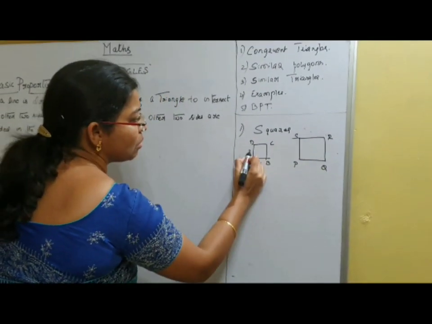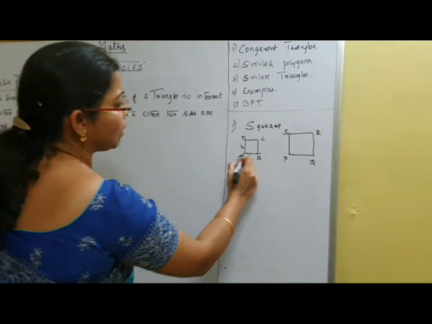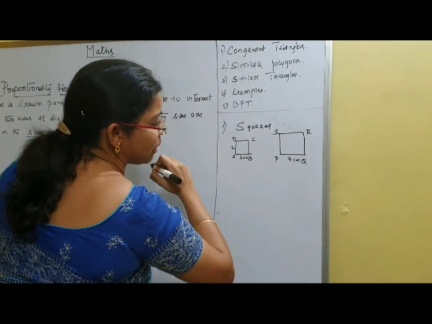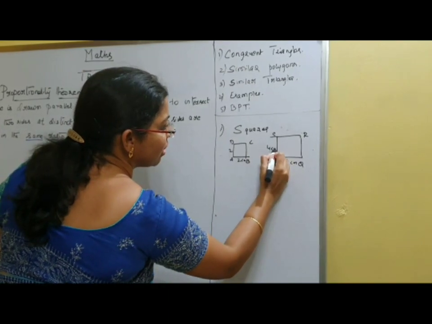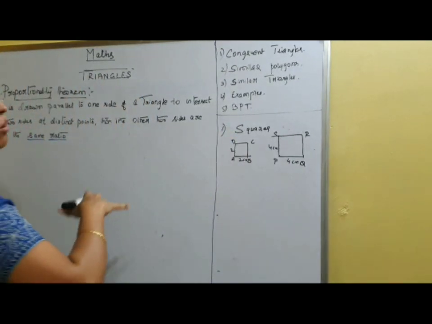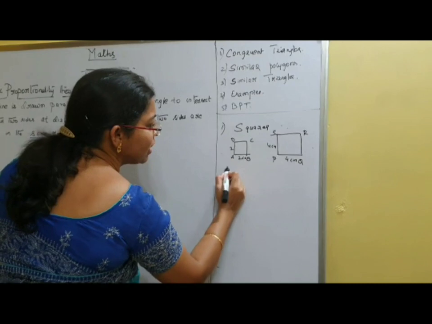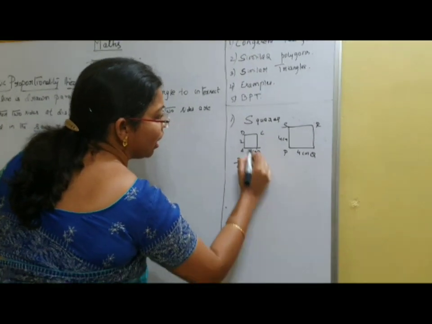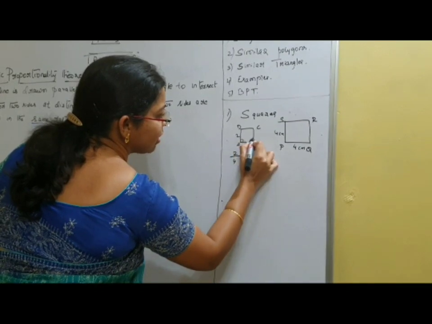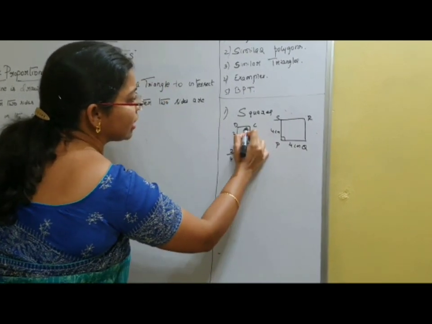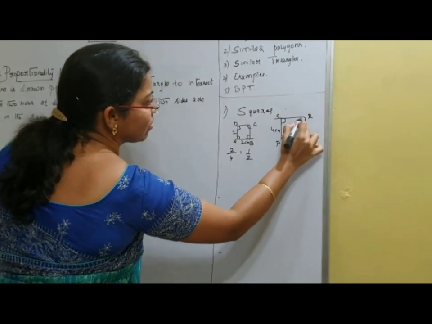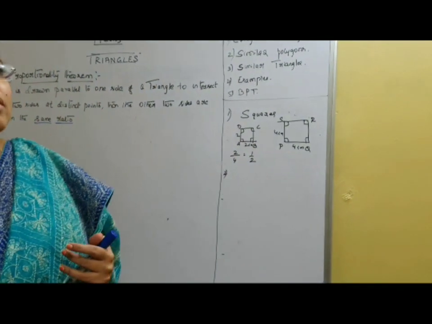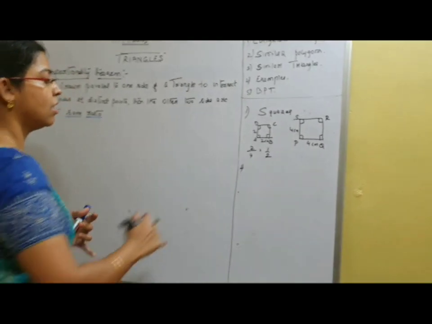If the measurement for ABCD is 2 centimeter and 4 centimeter for PQRS, it will always be similar. Why? Because the ratio of the sides will always be equal and angles in any square is 90 degrees. So squares are always similar polygons.